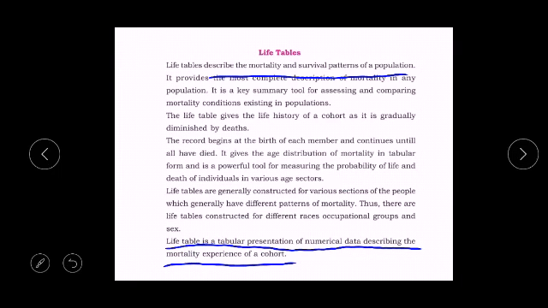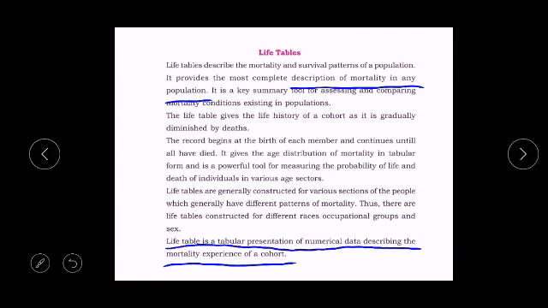That is what we can call the survival pattern. Here it also provides a complete description of mortality in any population. So a life table provides complete information on mortality, that is, how many people are dying, what the age is, and how long people will live in a particular location.